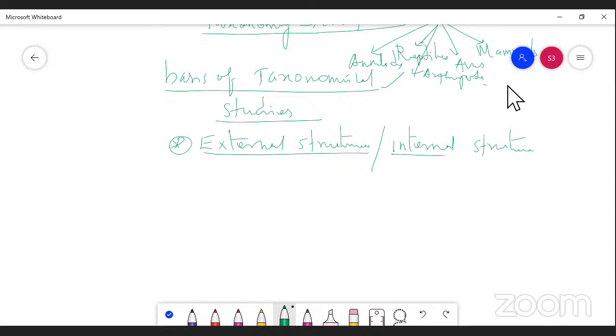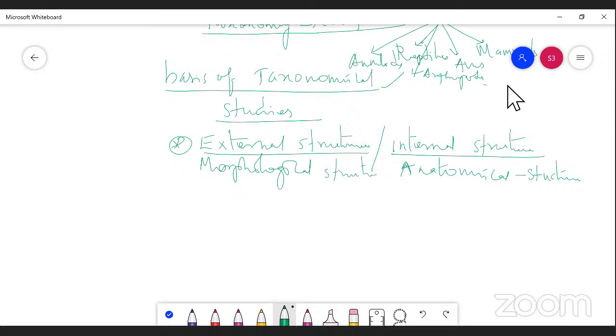Internal structure is otherwise called anatomical structure. We should understand the morphological structure, right?